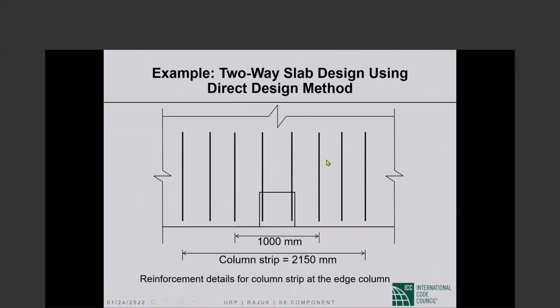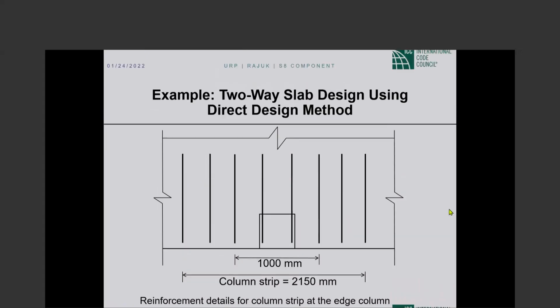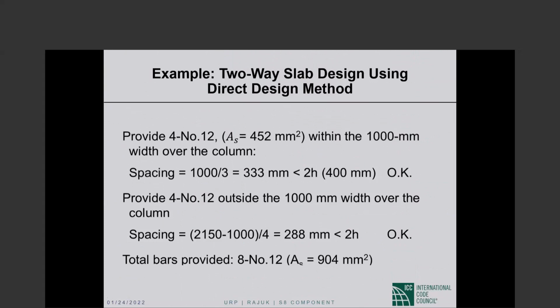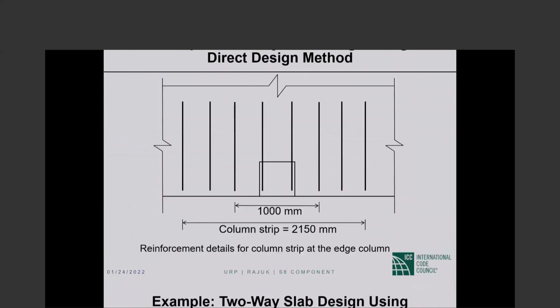Within the moment transfer band, which has a width of 1000 millimeters, we are providing 4 bars. And outside of the moment transfer band within the column strip, we are providing 2 bars to the left, this one and that one, and 2 bars to the right for a total of 8 bars. Total area 904 square millimeters.